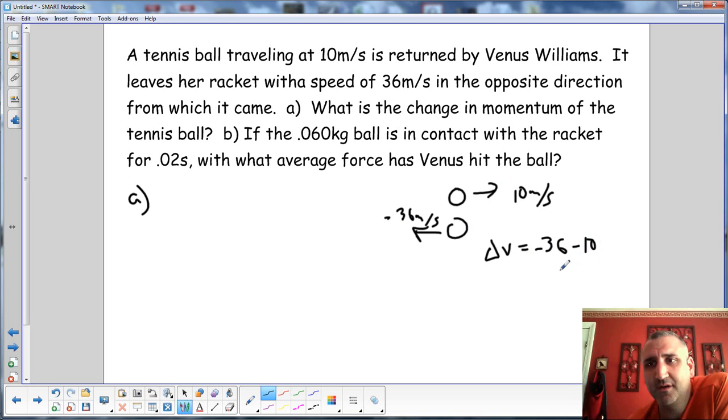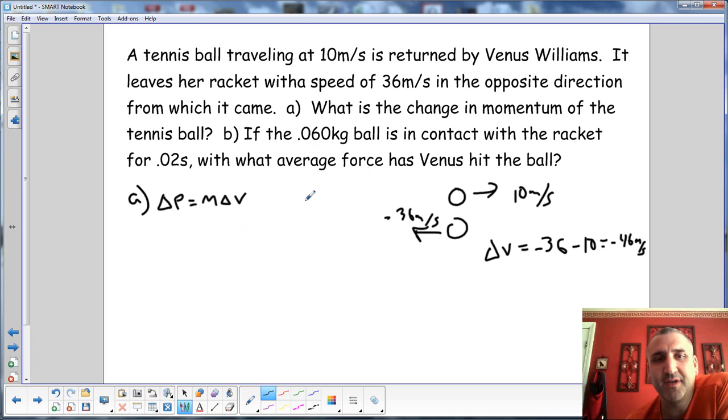Well, the change in momentum is going to equal m delta v, because it's the velocity at the end times the mass minus the velocity in the beginning times the mass. So change in momentum equals the mass times the change in velocity.